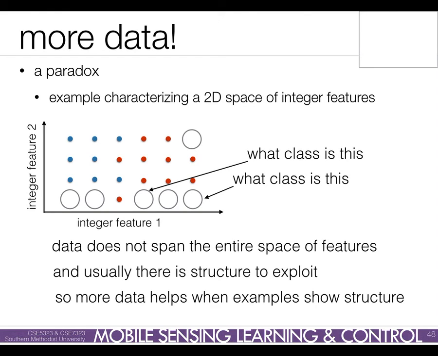So more data does help when it gives you examples that show the structure of the problem, especially around places where it's really hard to predict. So if someone tells you you're never going to be able to collect enough data, that's true. But you can still collect more data, and it's still going to help as long as you collect the right data. You get more examples where it's tough to classify. Is that okay?